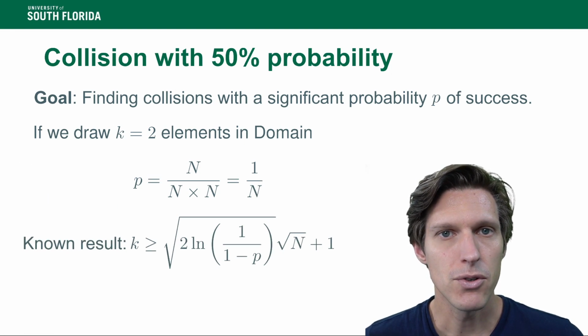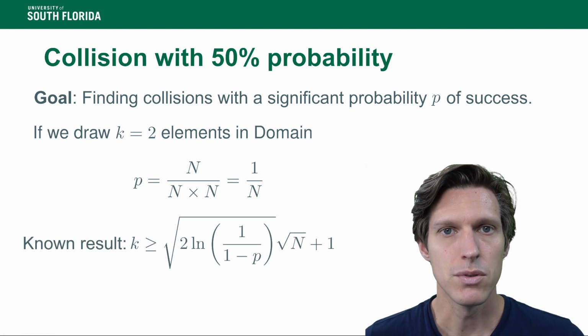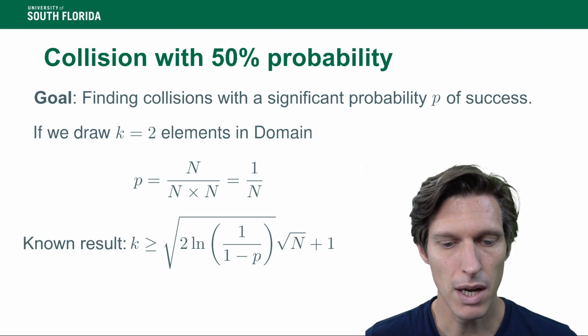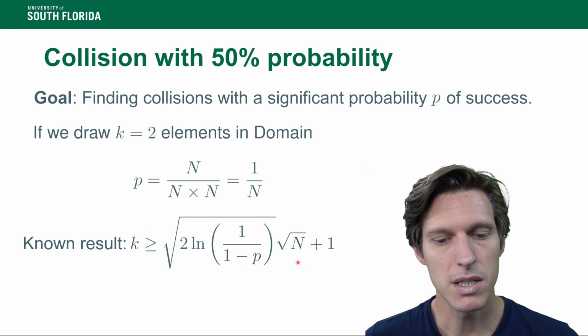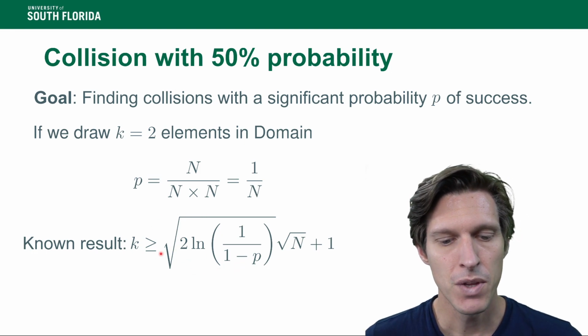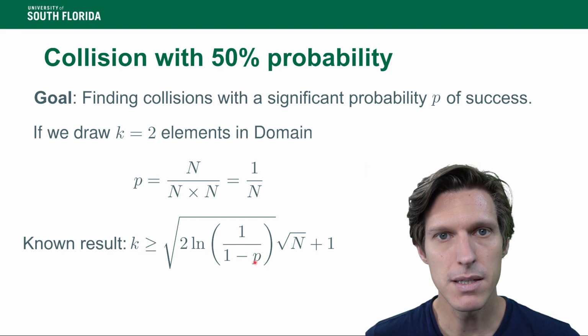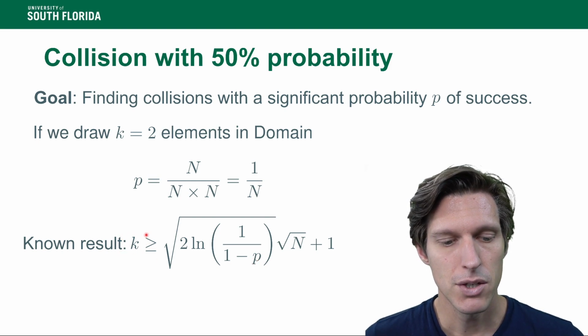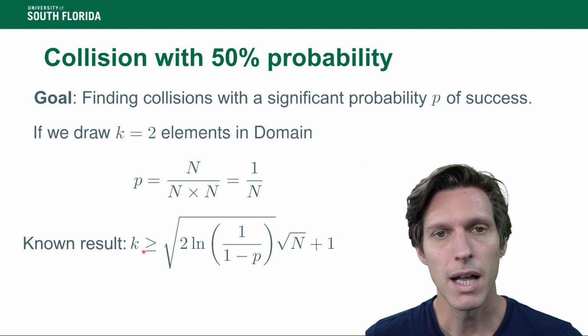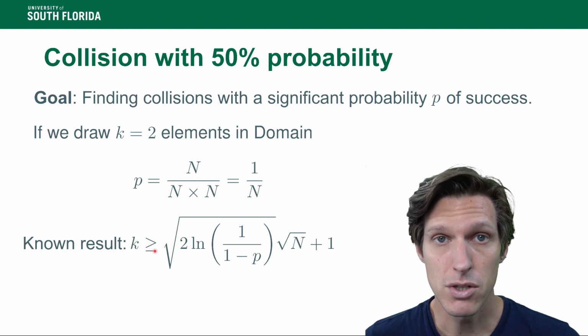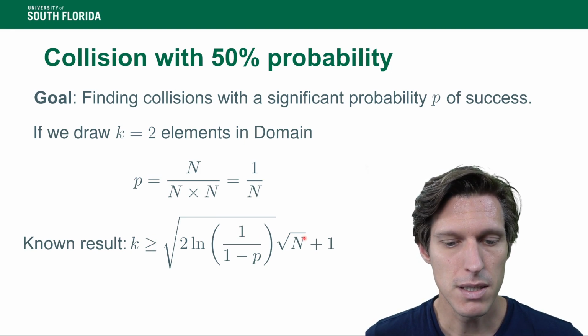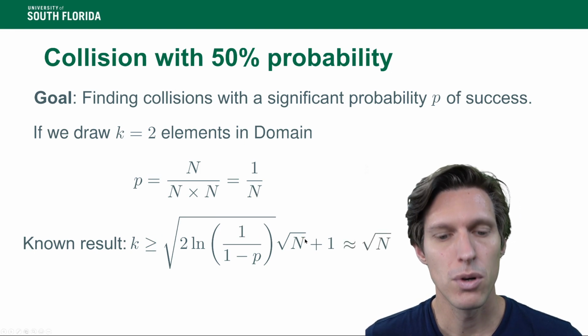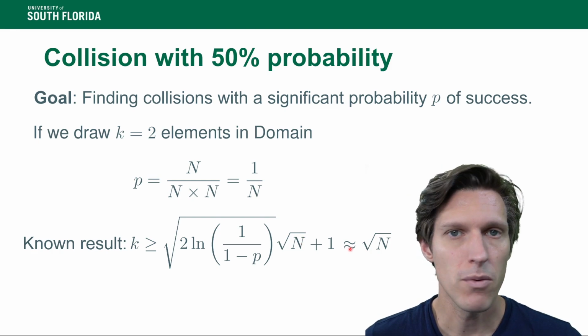But now, if you allow yourself to draw more elements, you have a relationship. We're not going to explain too much how this is obtained. This is outside of the scope of this lecture. But here's the situation. You have an inequality. If you want a probability of at least p, let's say p is 50%, so 0.5, then you need the number k of different elements in the range that you're trying to be at least this value, which for a very large n is essentially square root n.